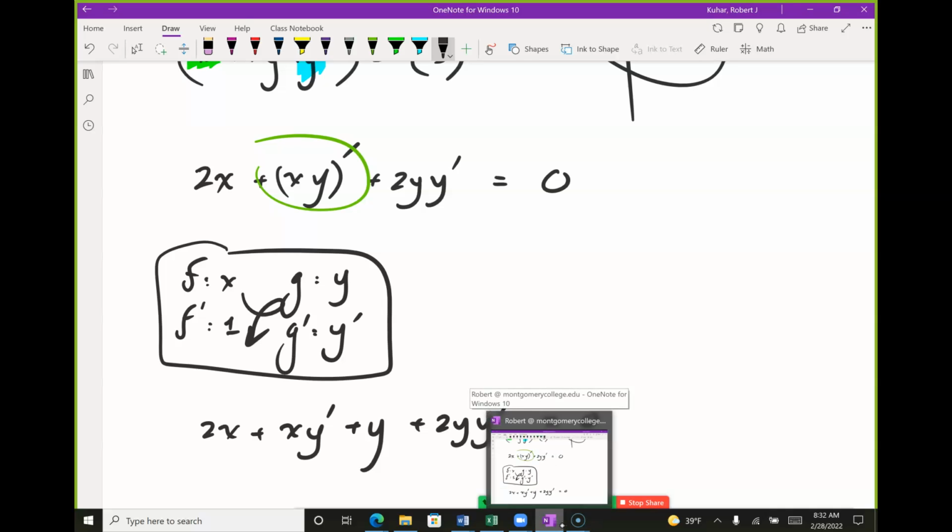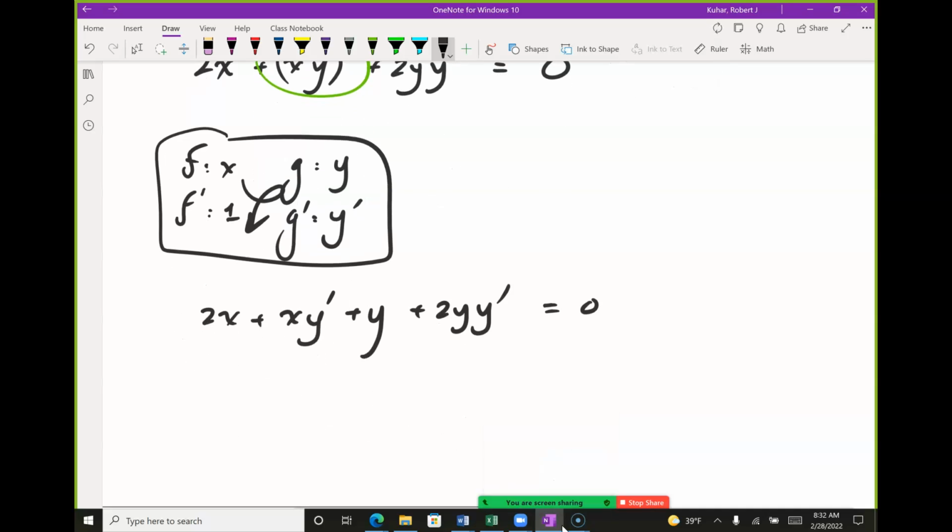Everybody with me? So I'm trying to stay really, really organized, right? If I have to do something on a piece of scrap paper, if I have to rewrite my homework. I'm solving for y prime here. This one I actually can do. This one I can solve for y prime.